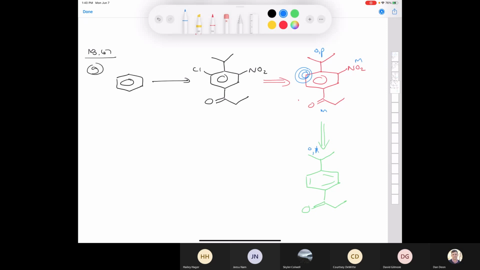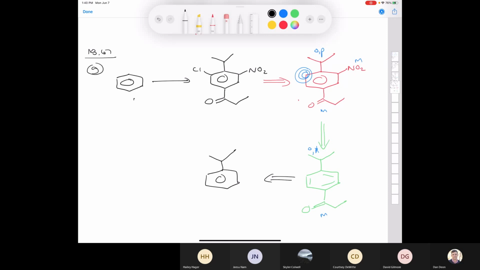The para position is blocked, and this is a meta director. So those are going to direct to this position, right? We can just keep doing retrosynthesis here. If this is a meta director and this is an ortho-para director, then logically going backwards, one more step, we would want to have isopropyl benzene as our starting material.